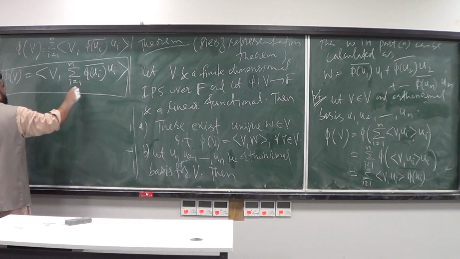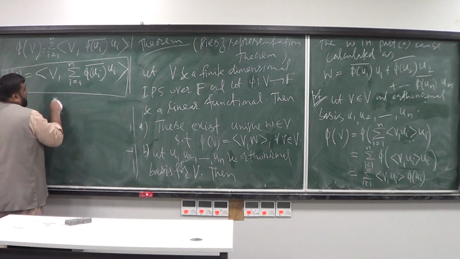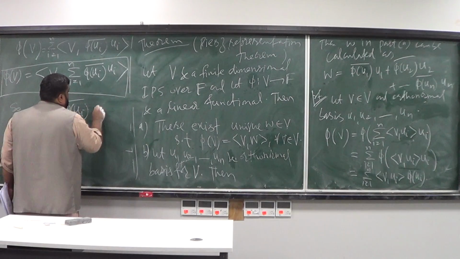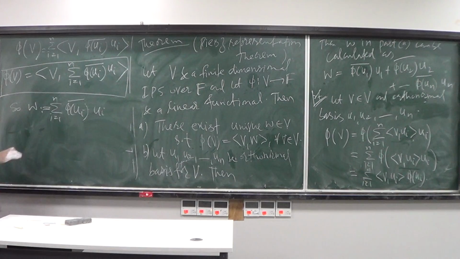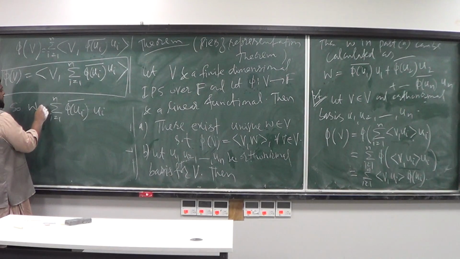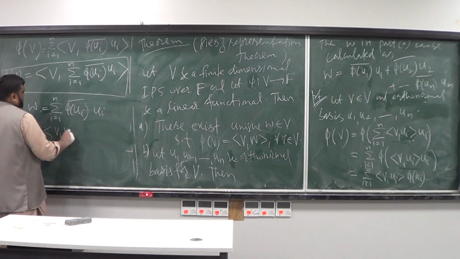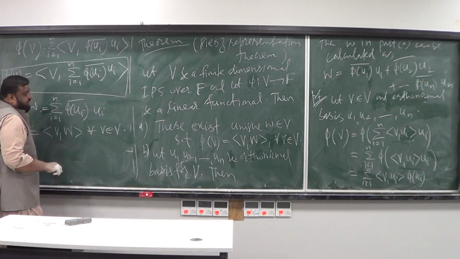Now let's call this sum, i equal to 1 to n of phi of ui bar ui, w. Give it a name w. Hence, phi of v is going to be the inner product of v with w for all v in V. And I know that my w is this.